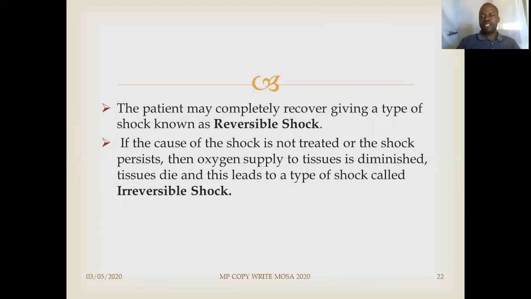If someone develops shock, the body undergoes vasoconstriction to maintain normal blood pressure. If normal blood pressure has been maintained, it means there will be normal tissue perfusion, and this will lead to normal tissue oxygenation, meaning the tissue is not going to die. So irreversible shock is a type of shock that you cannot reverse back, and it normally happens when the cause of shock hasn't been treated.